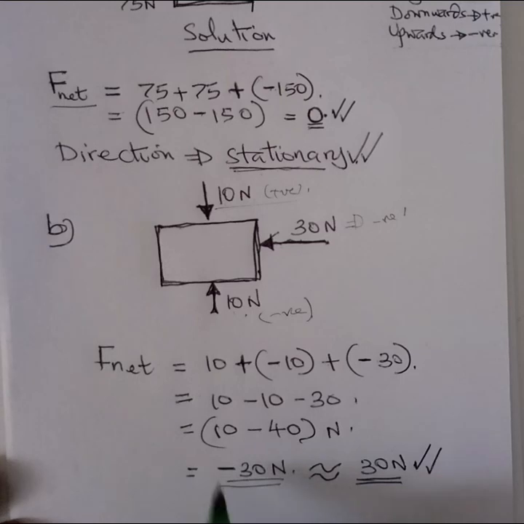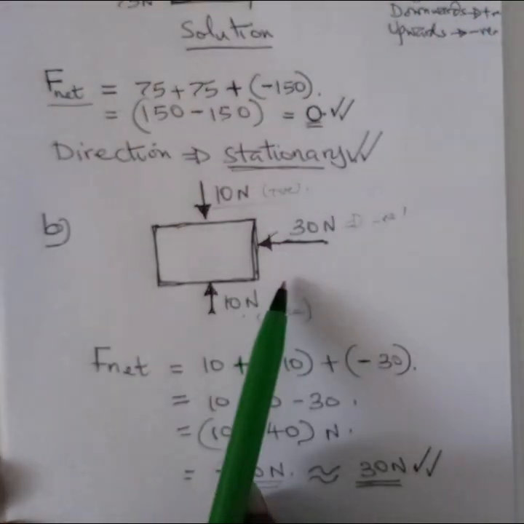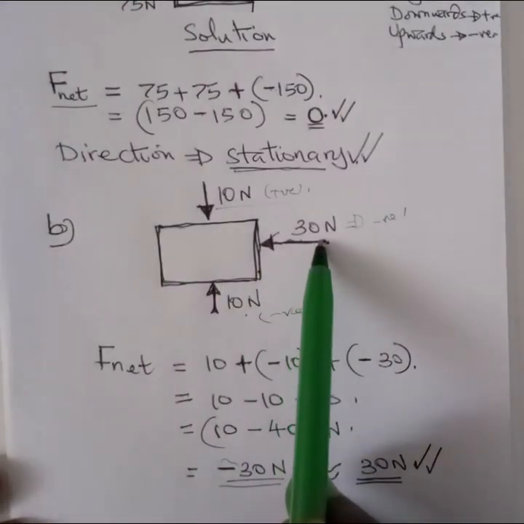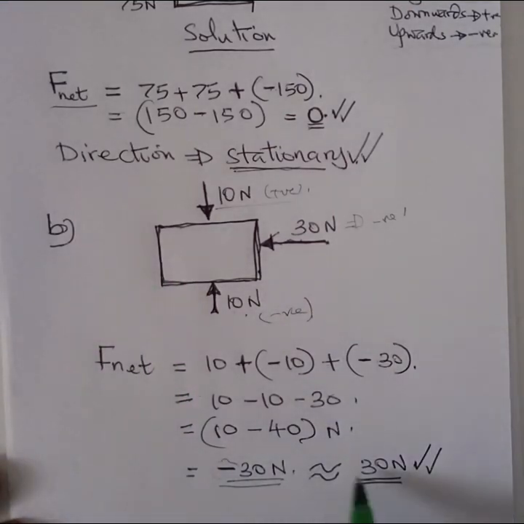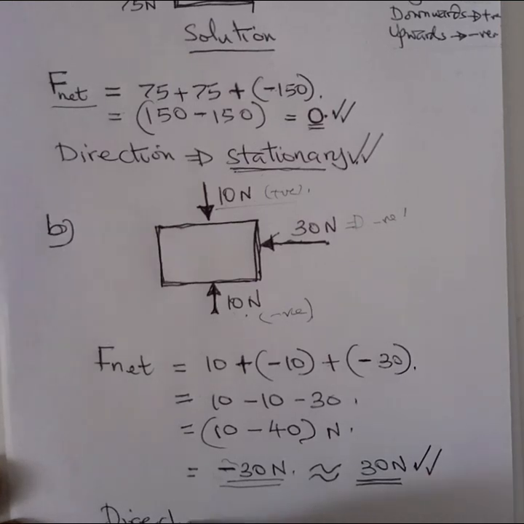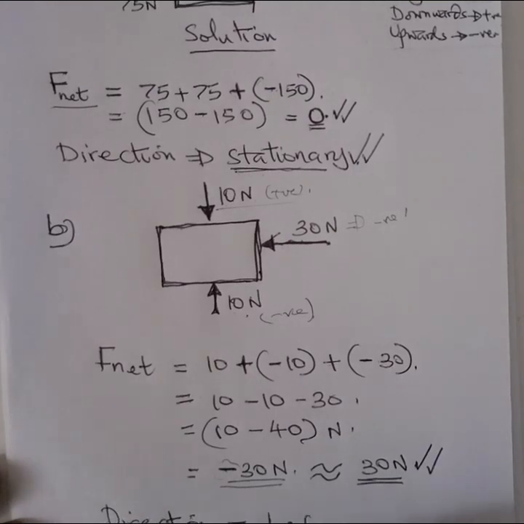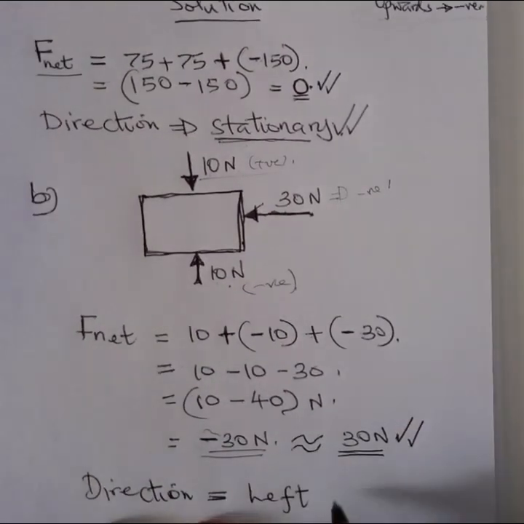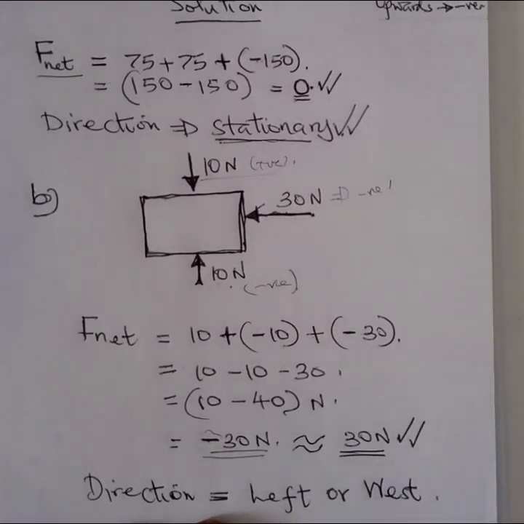Negative 30 means what? Negative means to the left or upward. So it will move 30 newtons to the left. The net force is 30 newton, but the direction will be left, or you can say westwards, to the west direction.